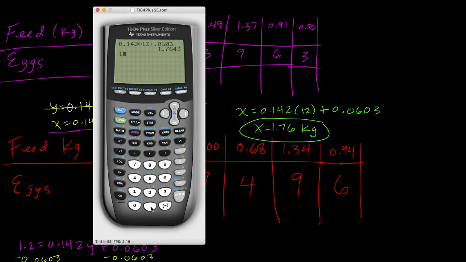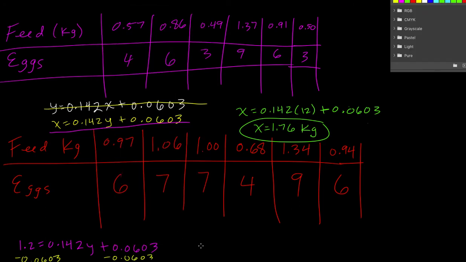So if I do 1.2 minus 0.0603, I get 1.1397.